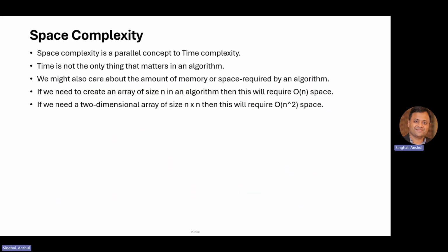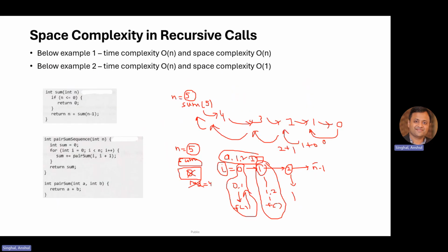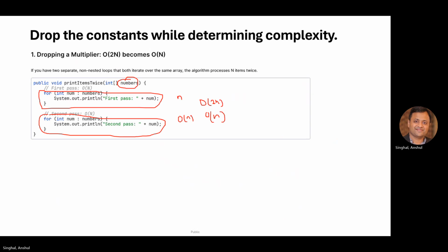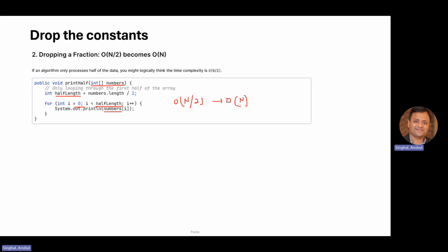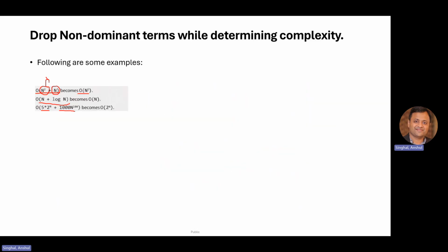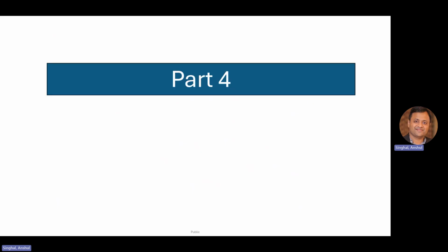Then space complexity in general, and space complexity in recursive calls. Then we said that we can drop the constants while determining complexity, and then we can drop the non-dominant terms while determining complexity.